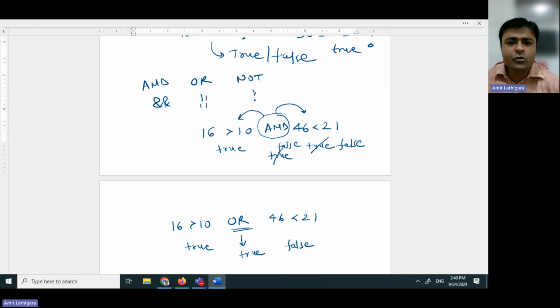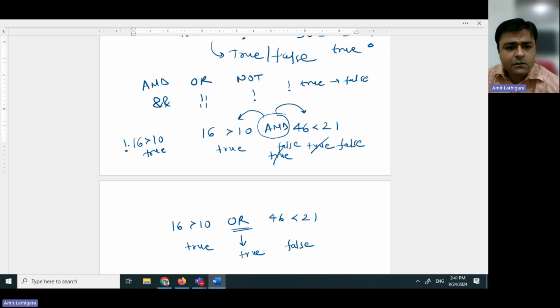And logical NOT, it's a negation. If true, then logical NOT of true is false. And if it is the negation of false, then true. For example, consider this part only, 16 greater than 10. This is true.